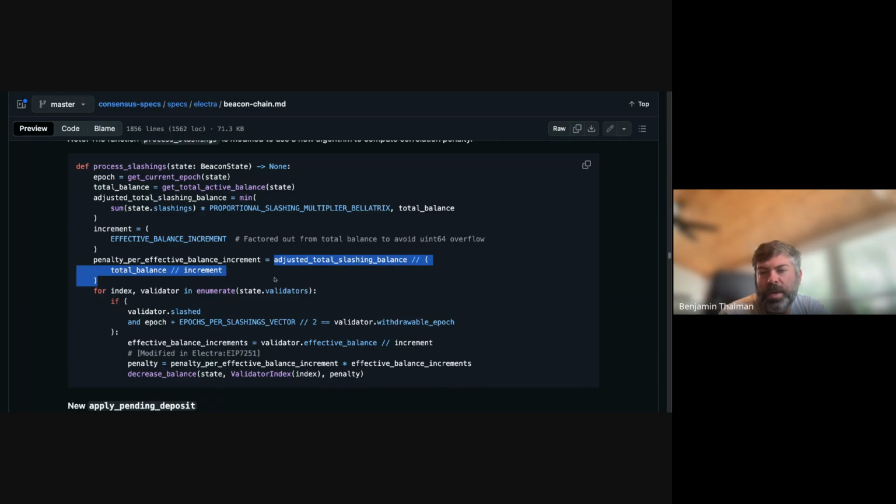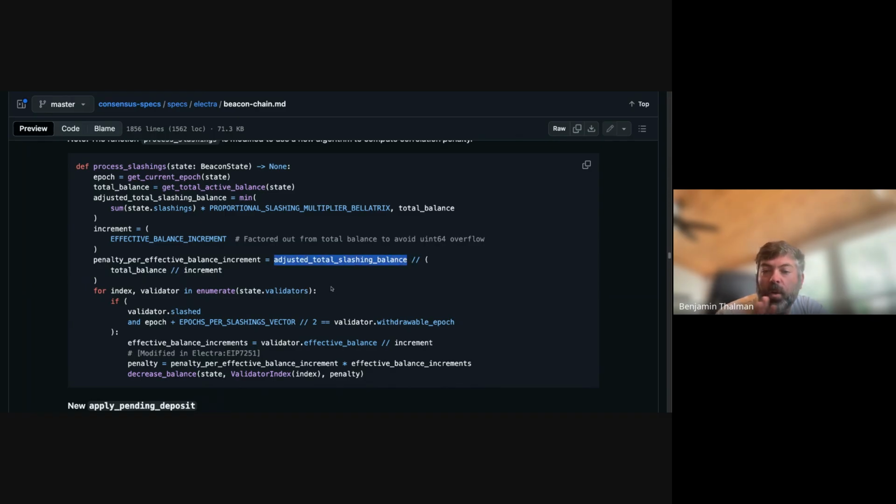This will also not round down. It's a little bit challenging to see, but adjusted total slashing balance is in Gwei. This calculation is in ETH, and the difference is a billion. So even if all of the ETH were staked, so even if this denominator was 120 million, if you commit a slashable offense and you have 32 ETH, this is going to be 32 billion.